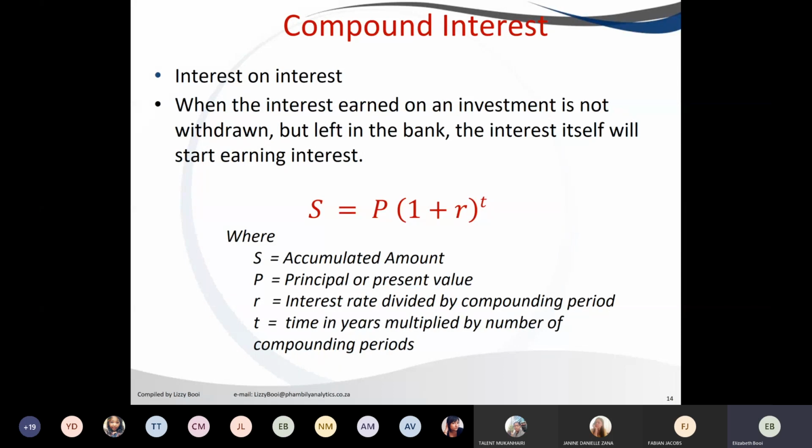Every month I pay the proportion of that 12% across the 12 months on the money I borrowed. But the next month it will be the interest of the previous month plus the present value of the previous month, which is the future value of that first month. It will be included in my second month, and then in the third month, I pay the same.